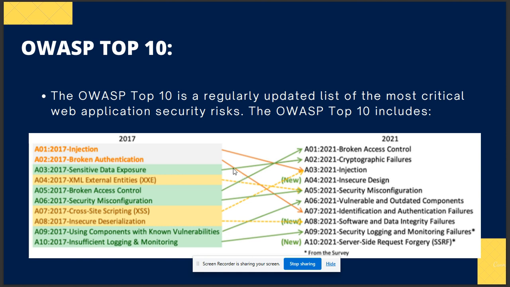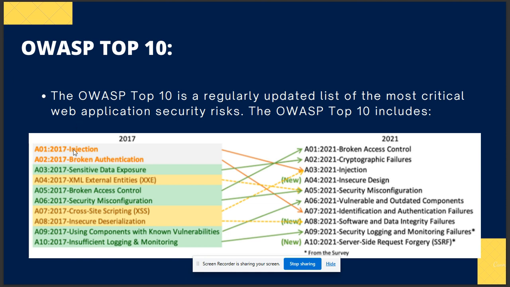It just changed the category or the names in 2021. Okay, so OWASP Top 10 is a regularly updated list of the most critical web application security risks. So you have to study both, 2017 and also 2021. Okay, so we can follow this one because it's easy to capture in your mind.